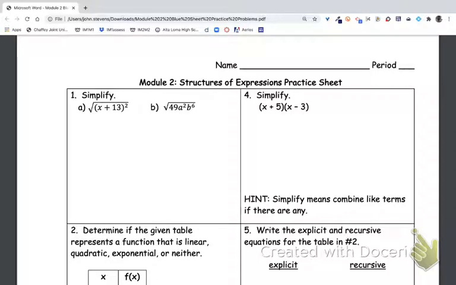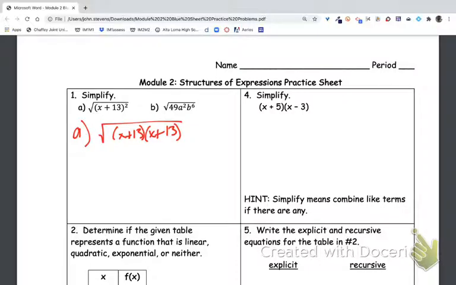For number 1a, we're looking to simplify the square root of (x plus 13) all squared. One way that you can think about this is it is the square root of x plus 13 times x plus 13.